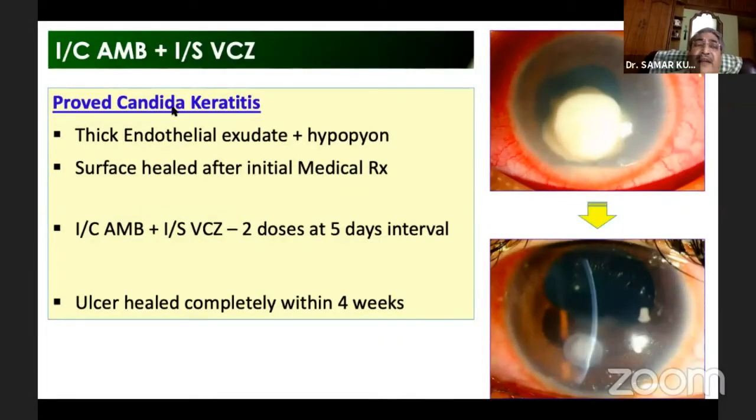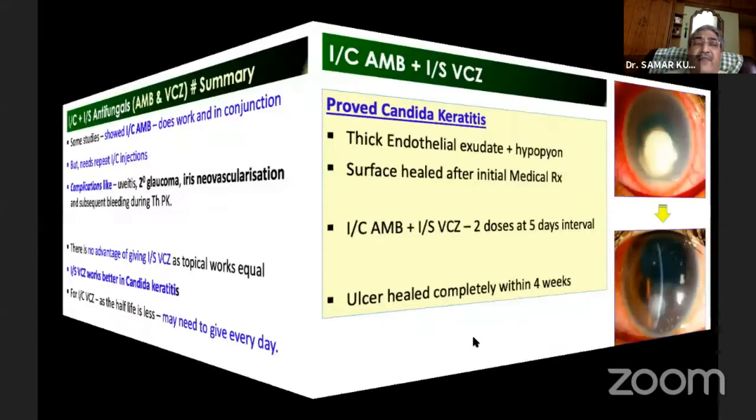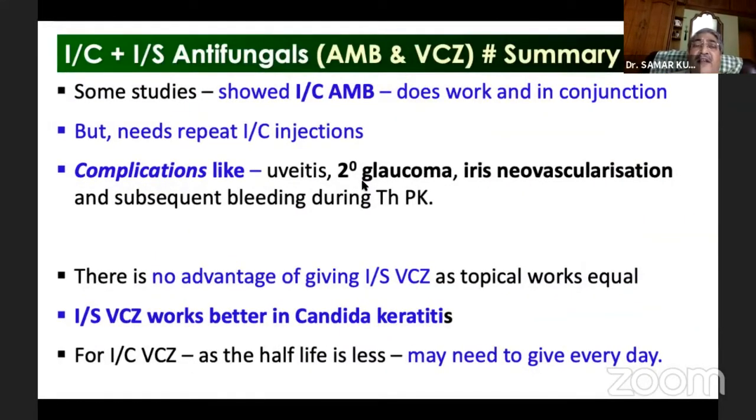So you may combine intracameral and intrastromal voriconazole, and in some cases this might help. In summary, some studies show that it does work, but complications are there, like uveitis, secondary glaucoma, iris neovascularization, which is very important, and subsequent bleeding during therapeutic PK.